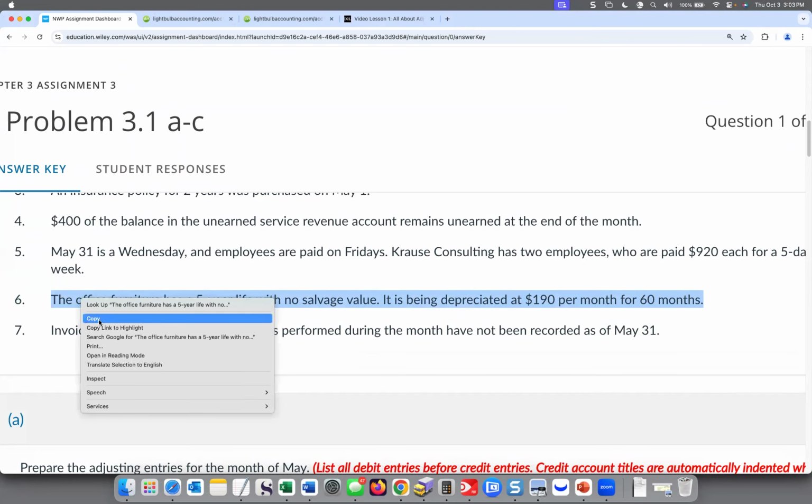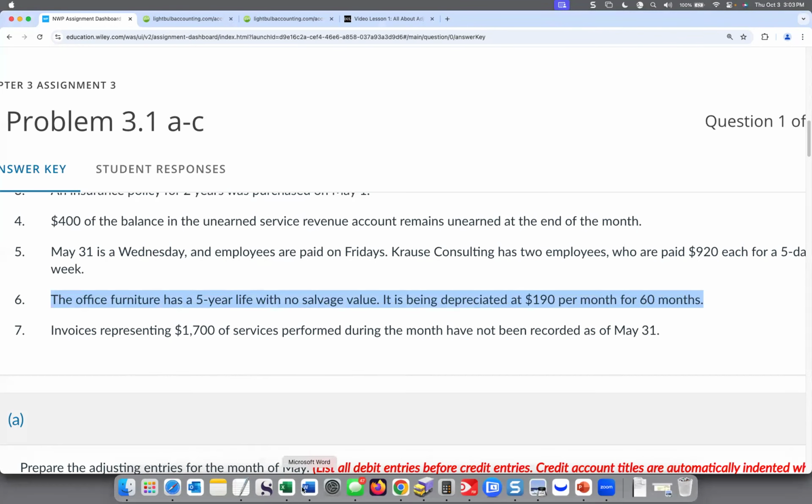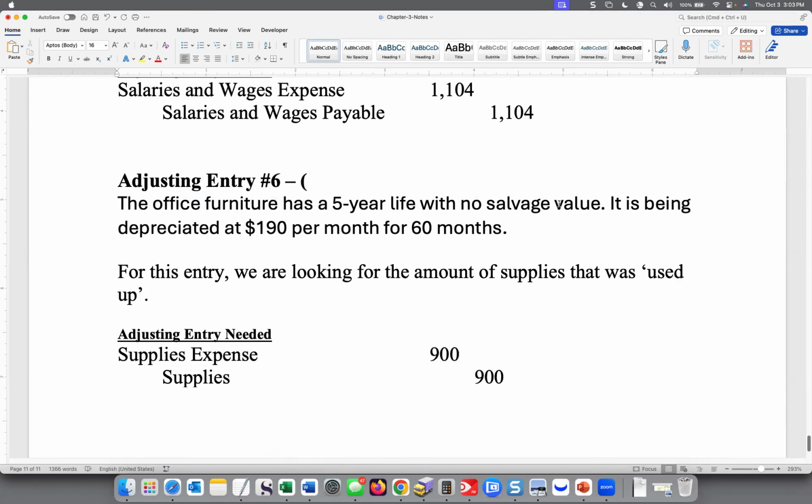Now this one gives you a lot of information, okay? But when you're looking for the time frame that you need, you realize, hey, thanks for telling me all that. But guess what? I only need what I need. All right. So let's read this. The office furniture has a 5-year life with no salvage value.